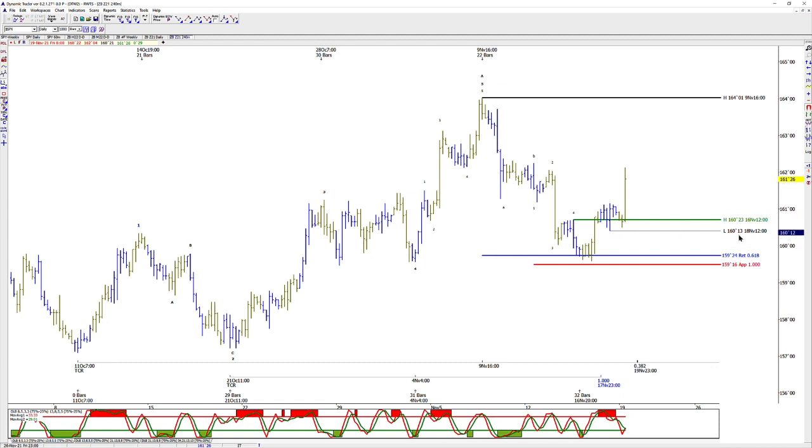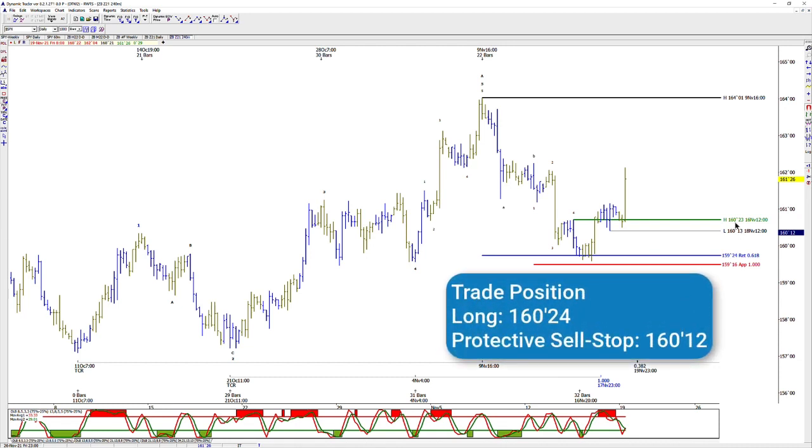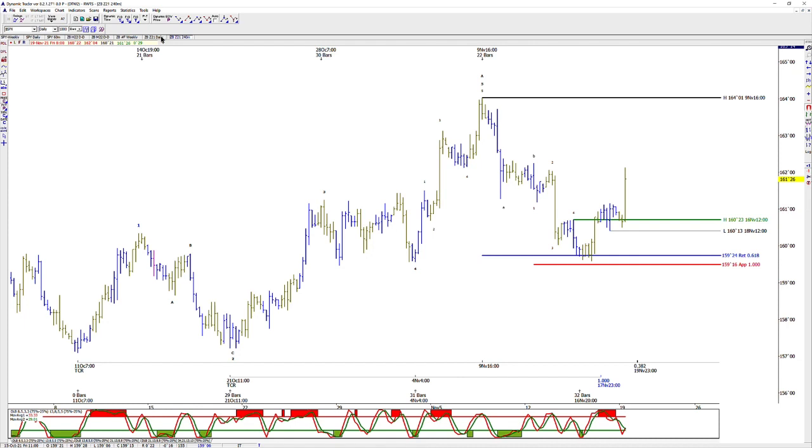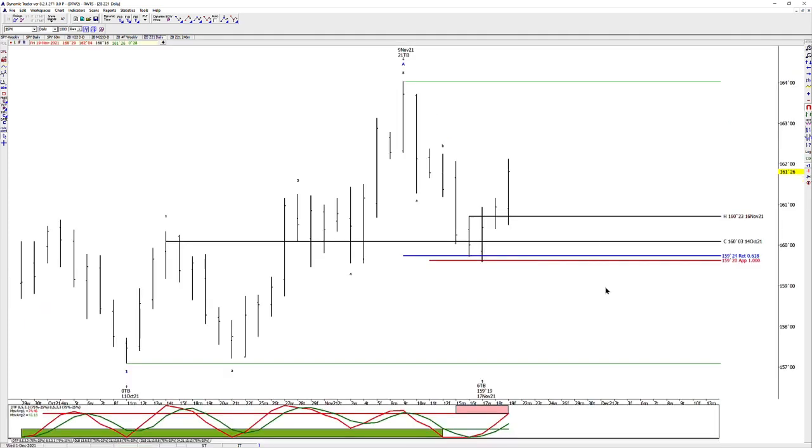The low, so 160.12 would be our protective sell stop, having gone long at 160.24. As the market progresses, if it should progress, then we'll identify if the market reaches another position to adjust the stop. I'm going to go back to the daily data. We'll add it a day at a time.